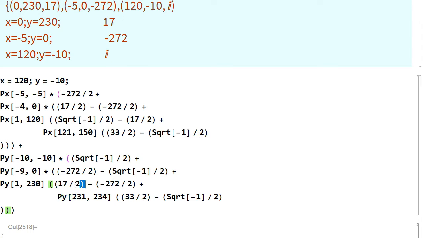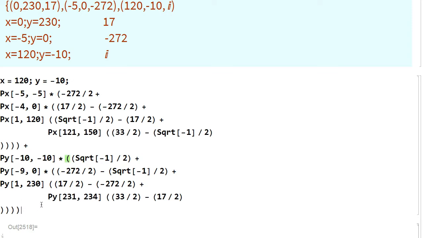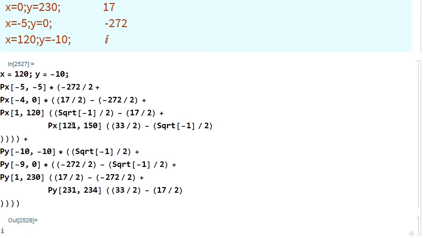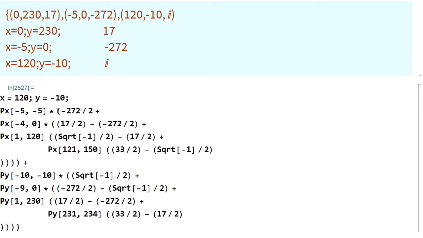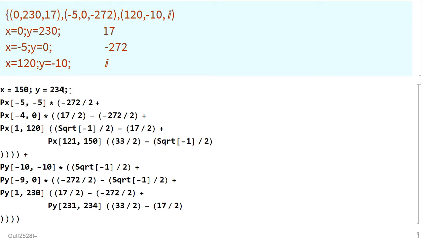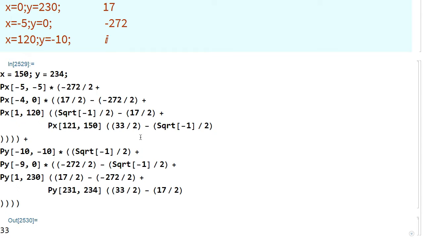The previous value here is not square root of negative 1. It's going to be 17 over 2. And for each of these, I have to add a parentheses. And so now, when I press enter, I still get the previous output, but now the new value that I added in was, so when I press enter, I get 33. That's the value that we wanted to get out of this function.